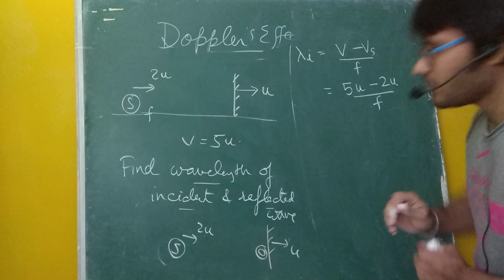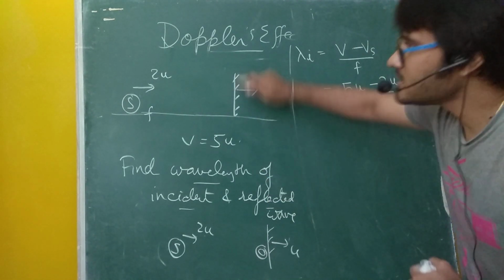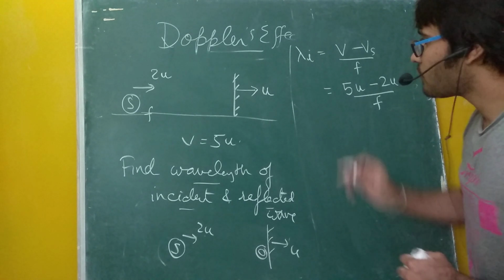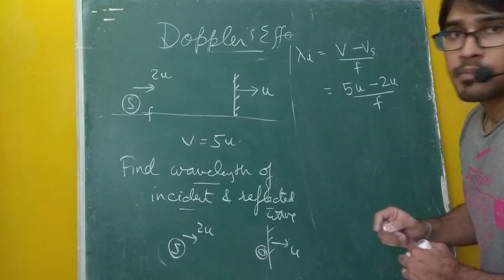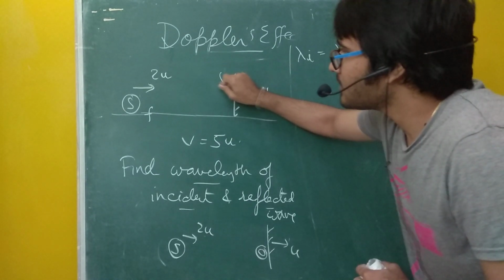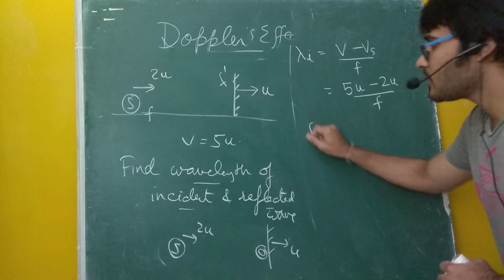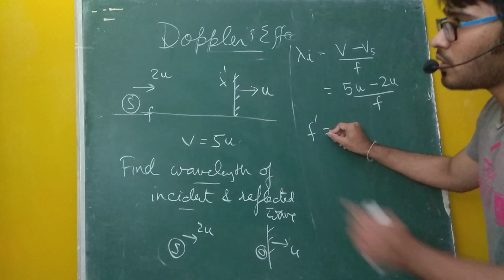Now reflected wavelength. For reflected wavelength, this will become the source now. So first of all, here we have to find what is the frequency received, because we know that on reflection frequency will not change. So I need to find this f dash. This is frequency received or frequency reflected. And f dash we very well know how to find.